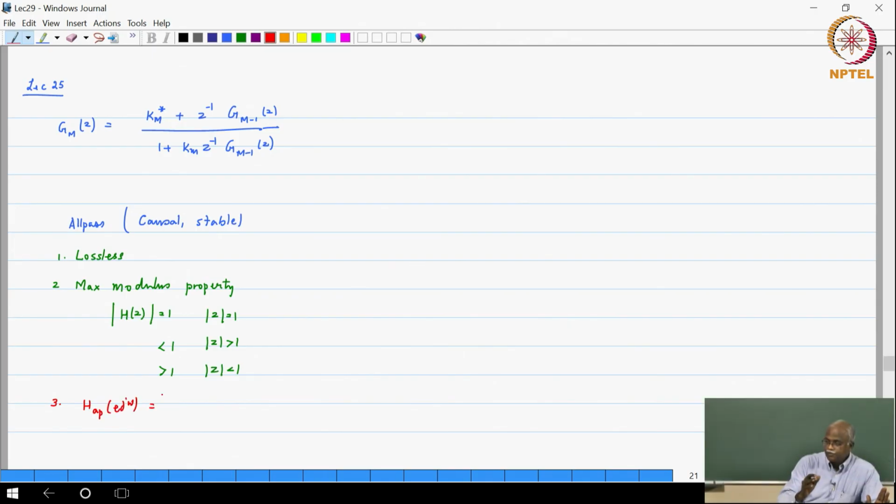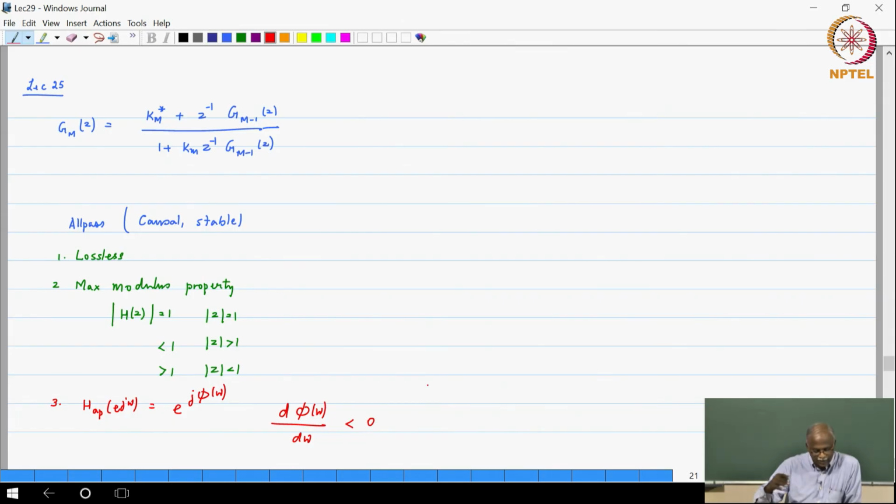Usually you write a transfer function in terms of magnitude and phase. Here the magnitude is equal to 1, so you can actually write it as e power j phi of omega, and if you differentiate, d phi of omega by d omega, where phi of omega is a real valued function, we can show that it is strictly less than 0.